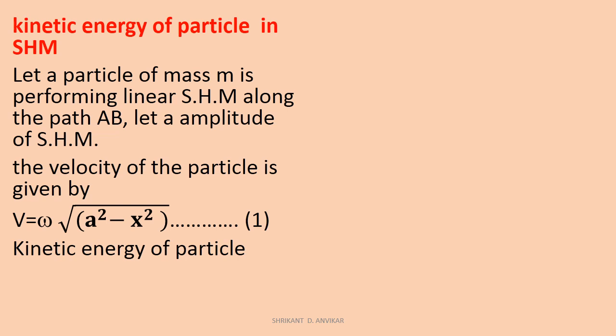We now calculate the kinetic energy of the particle performing linear SHM. In any motion, kinetic energy is always given by the formula 1 by 2 times mass of particle into square of velocity.